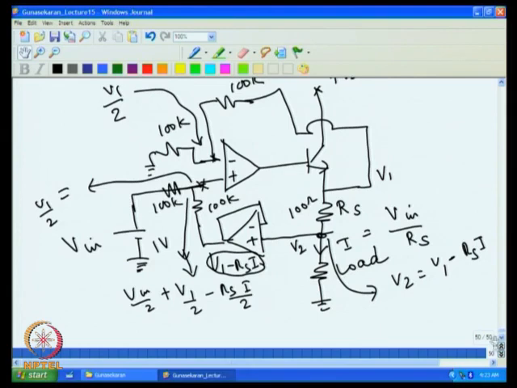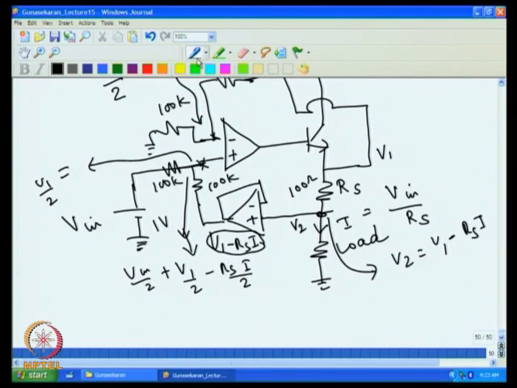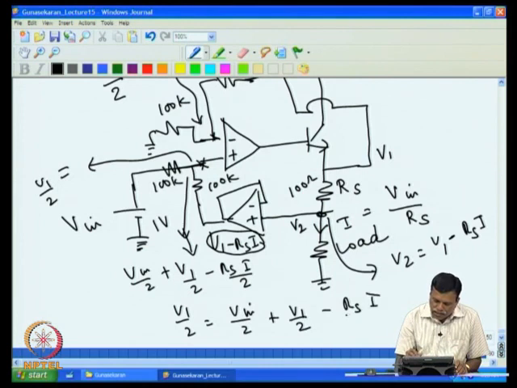I can also explain how this circuit works. So eventually what we want to do is show that V1 by 2 is equal to Vin by 2 plus V1 by 2 minus Rs into I by 2. So actually this and this get cancelled.